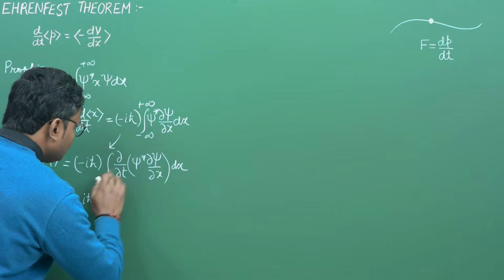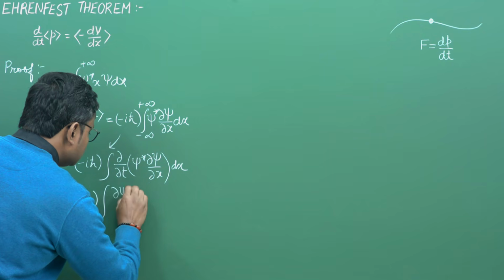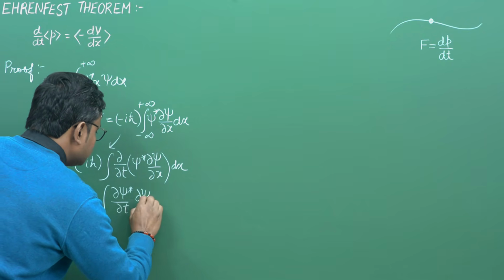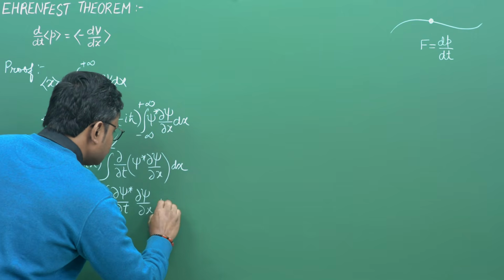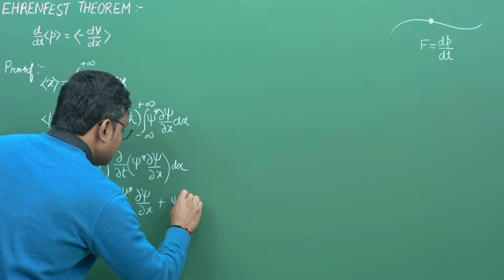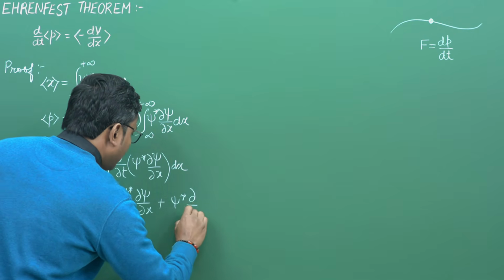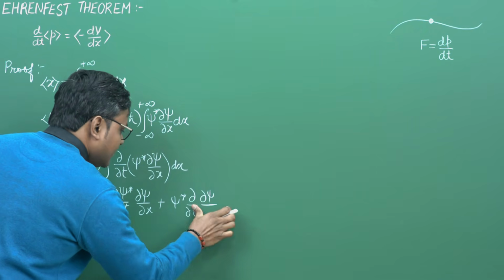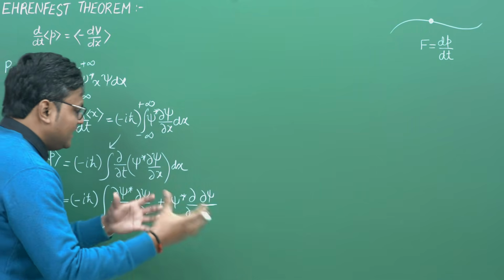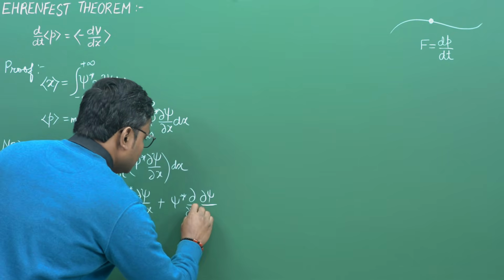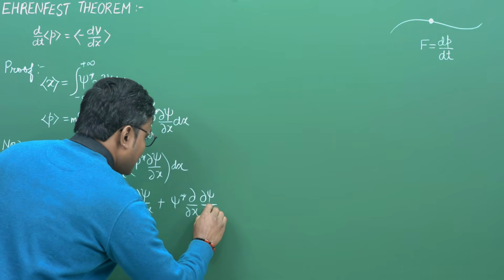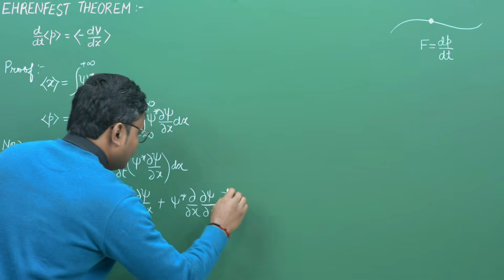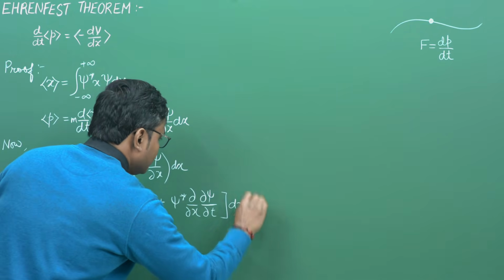If I use this chain rule, I have del psi star upon del t, del psi upon del x, plus I have psi star and del by del t of del psi upon del x. I can actually interchange these derivatives because time and x are independent variables. So I can say del by del x of del psi upon del t, and because I'm integrating with respect to x here, dx.